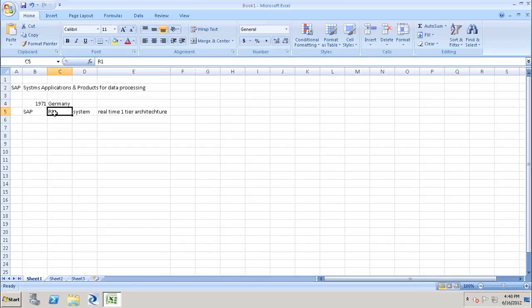So using this R1 system, which they introduced in 1971, a customer can perform transactions related to sales and distribution and material management. That means if a customer has given an order, that order can be created in the R1 system, and if there is any purchase of raw material, a purchase order can be created using the R1 system.